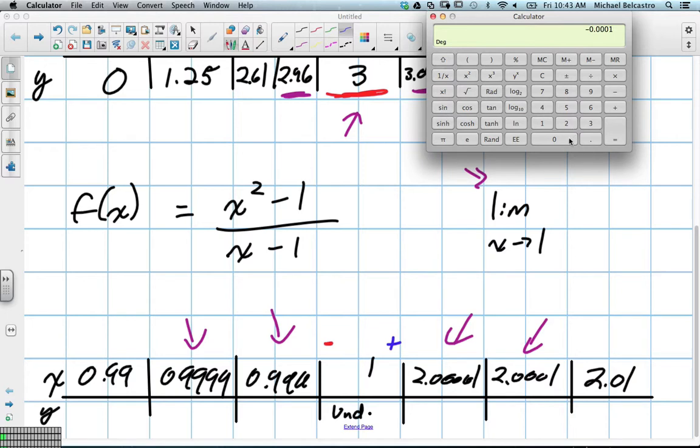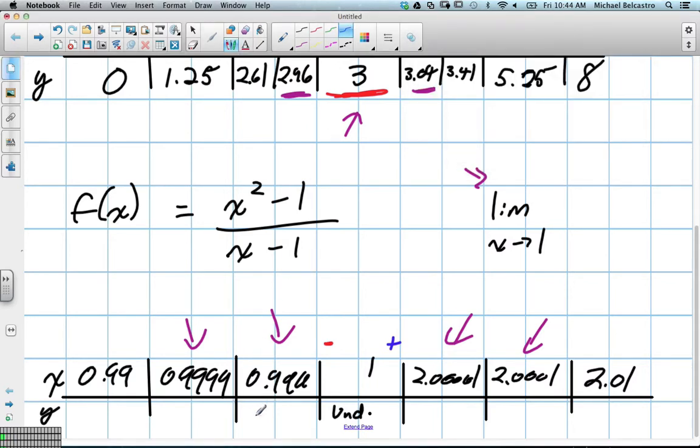My calculator isn't a two-line calculator on this computer, so you could probably do this all in one step. 0.9999 squared minus 1, divided by bracket 0.9999 minus 1, end bracket. Does it work? Yeah, I think it works: 1.9999. So we got about 2, and if we'd chosen the other one, it would have been something really similar.